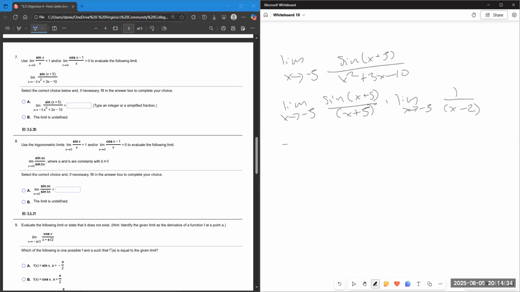So this is -1/7 times limit as u goes to 0 of sine u over u. That's -1/7 times 1, -1/7. All right.